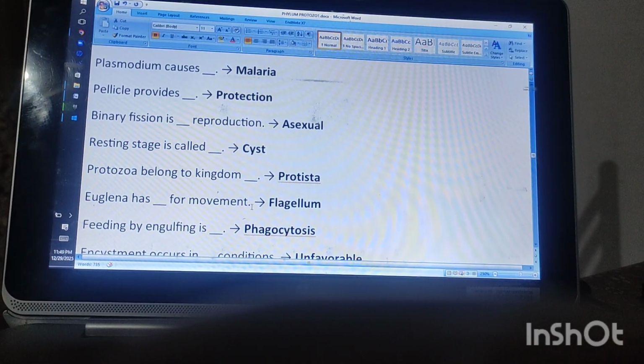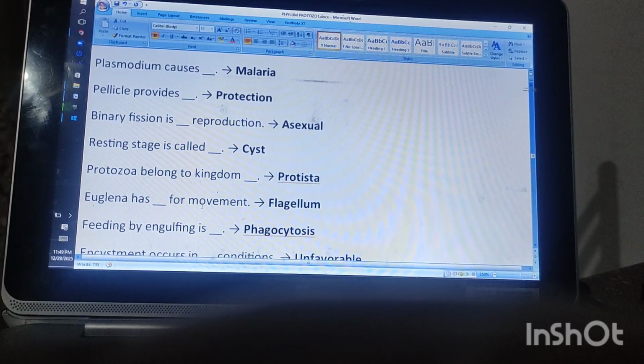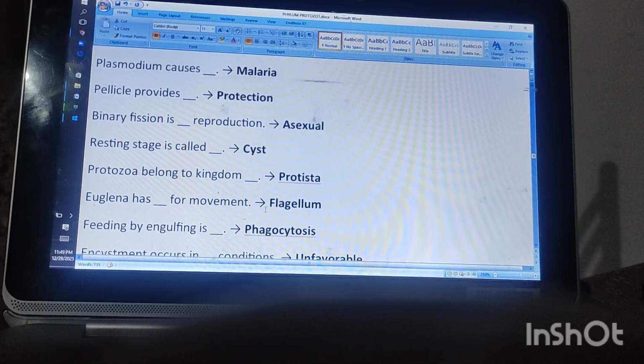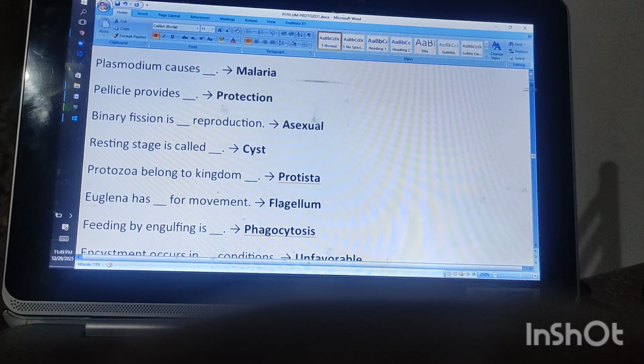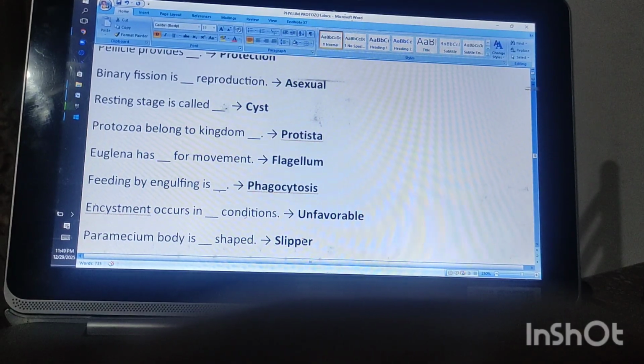Cilia are present throughout the body surface, from anterior to posterior, from dorsal to ventral. While flagellum is the word we use for singular and flagella for plural, and flagella are present at the most anterior part of the body. Feeding by engulfing is called phagocytosis.